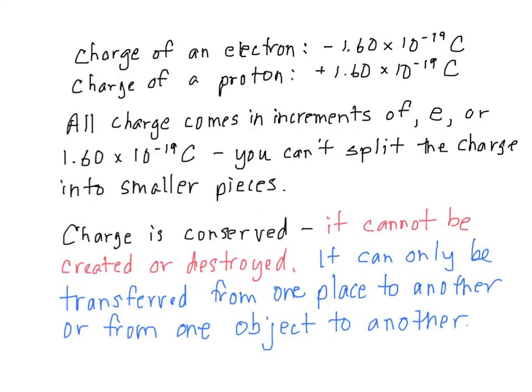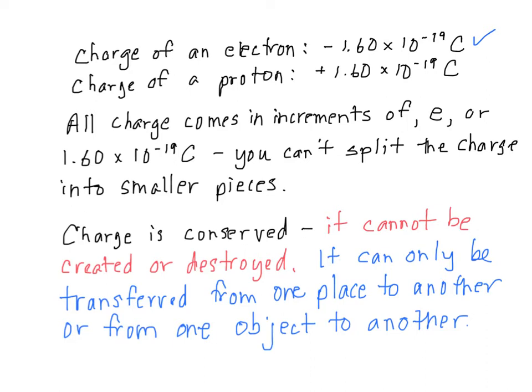A little bit more specifically about charge. The charge of an electron is, as I said, really tiny. It's negative 1.6 times 10 to the negative 19th coulombs. That is a universal constant.